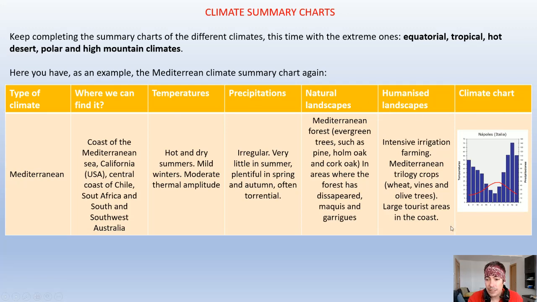In the climate chart, you can just draw it a little bit, okay? So when you are in front of a climate graph and you don't know which climate it corresponds to, you can take a look at your charts and see which climate chart it is similar to. So you have to do this with the equatorial, tropical, the hot deserts, the polar, and the high mountain climates, okay? And that's all for these climates.